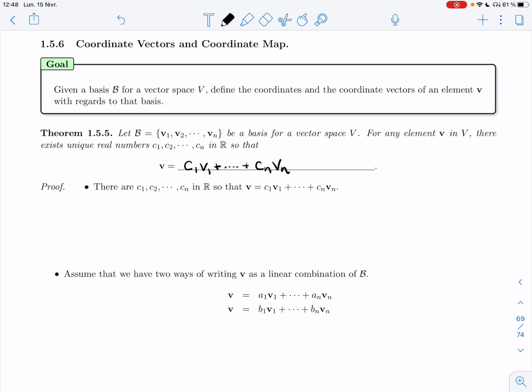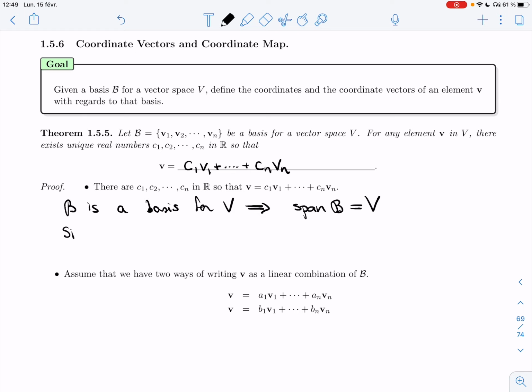So there exists, well, B is a basis. That's all I really have. And so that means that the span of B is all of V. But that includes little v.